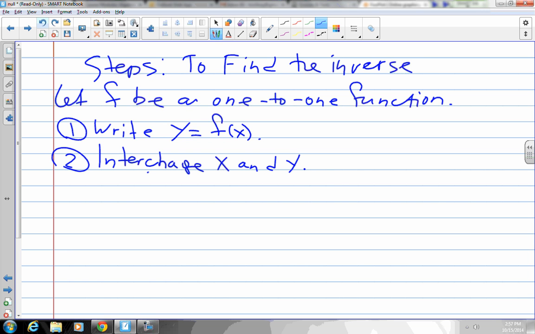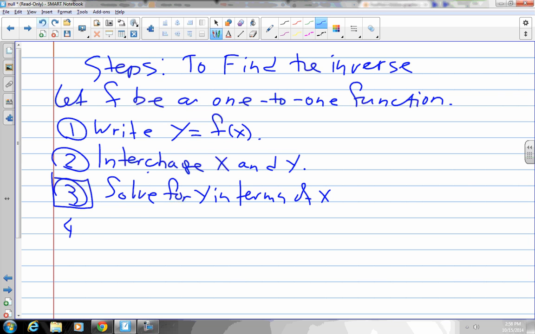For every y, put down an x. Then third step, and this is really where the money is, solve for y in terms of x. And whatever you get there, that's the inverse. y equals f inverse.